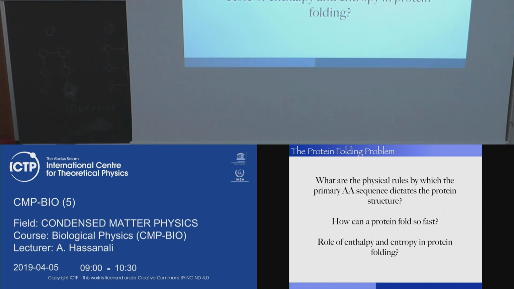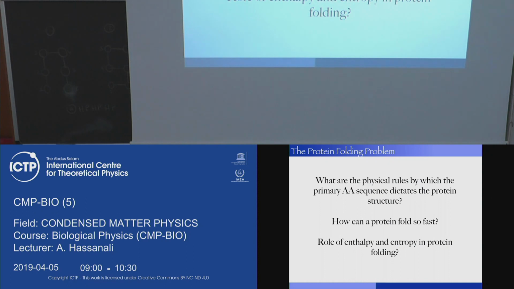Let's imagine that there were only 2 or 3 states associated with each amino acid. That's a gross underestimate, but let's say so. And let's say it took a femtosecond to sample each state.